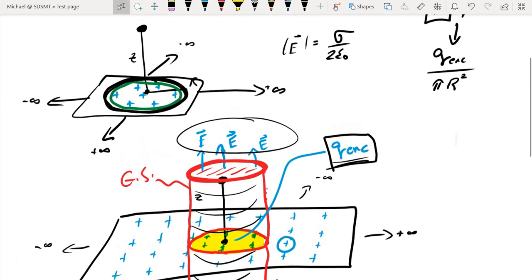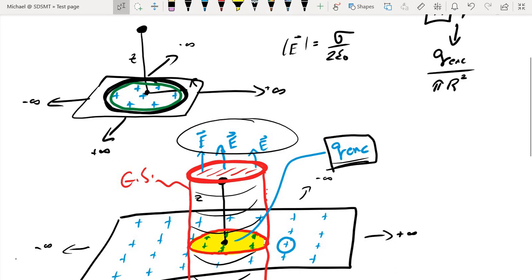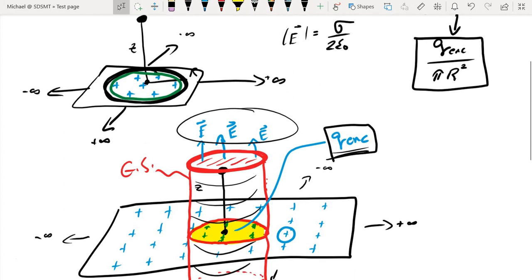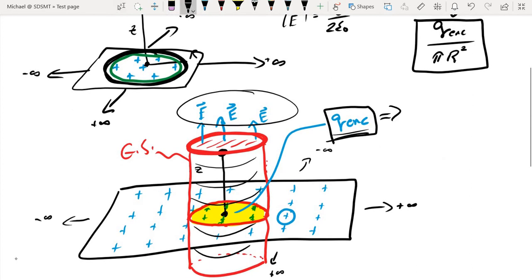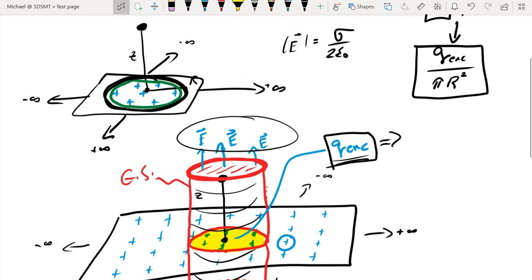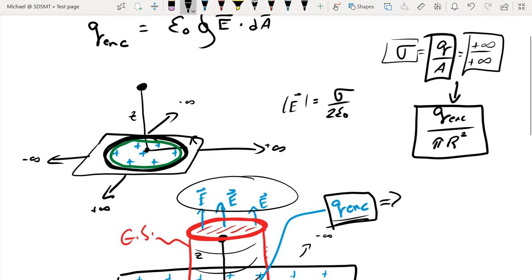Well, that charge is going to be based on the ratio of charge to unit area. The area that we just carved out there is the area of a circle. And what is that ratio of charge to unit area called? It's called sigma.